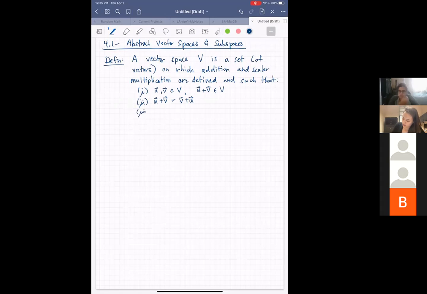And we have associativity, which means that we can take u plus v, add those together, and then add w, and that would be the same as first taking v plus w and adding it to u.